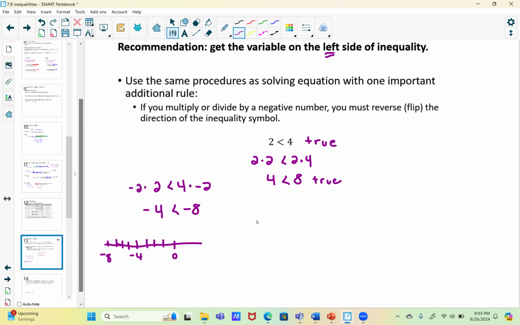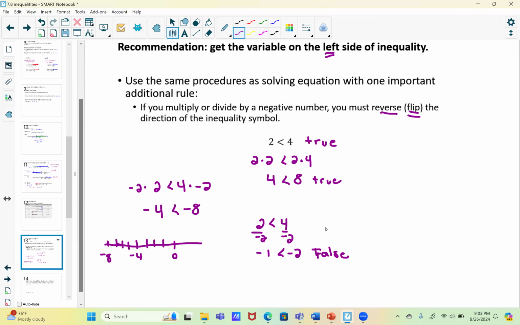And the same thing would happen if I divided. If I have 2 is less than 4 and I divide both by -2, I get -1 is less than -2. And this is false as well. So because that happens, if you multiply or divide by a negative number, you have to reverse or flip the direction of the inequality symbol to make it true.